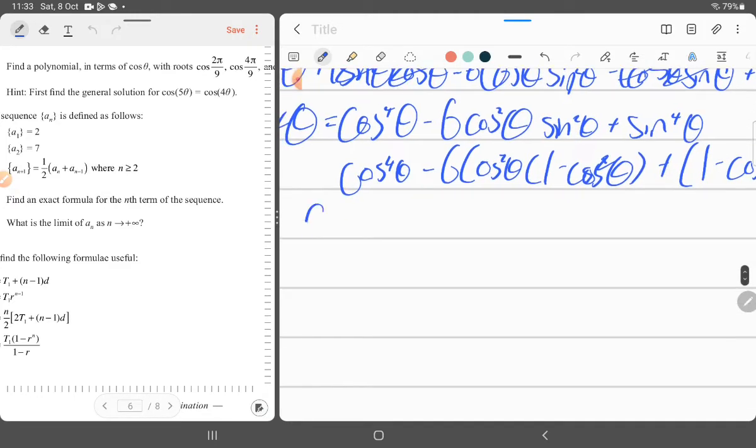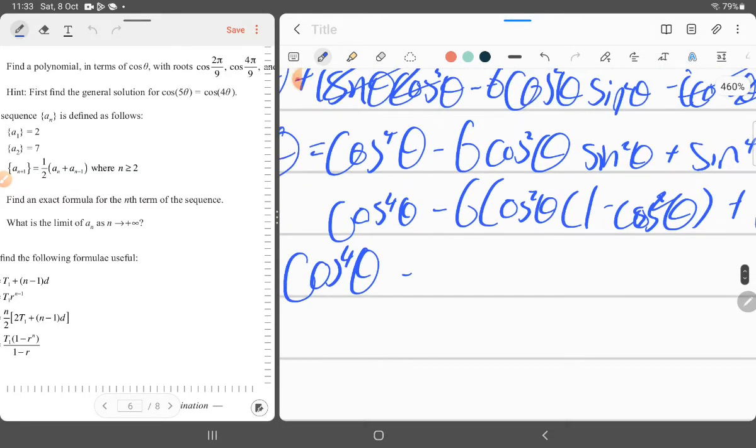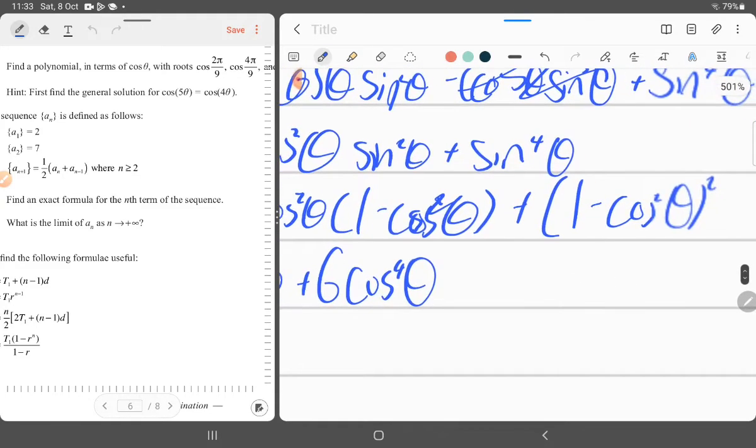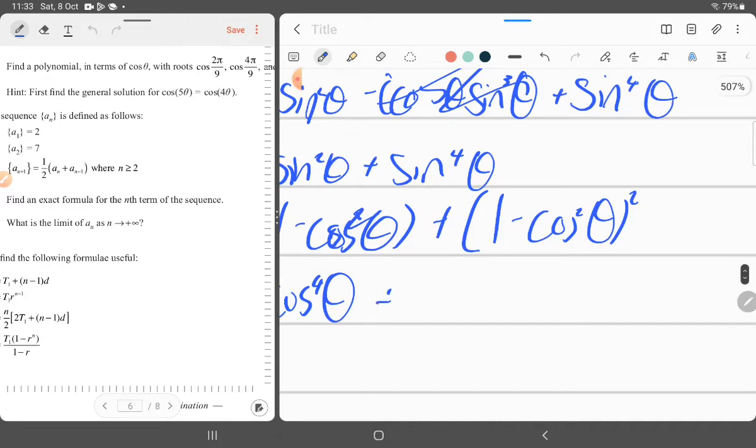So that's 4 theta. This 6 cosine cubed theta plus 6 cosine theta plus 1. Oh, this feels a bit awkward.